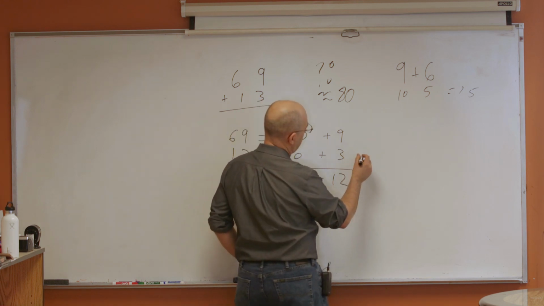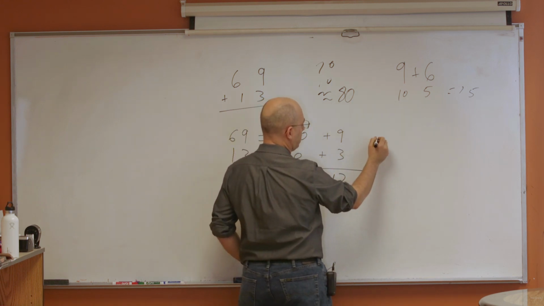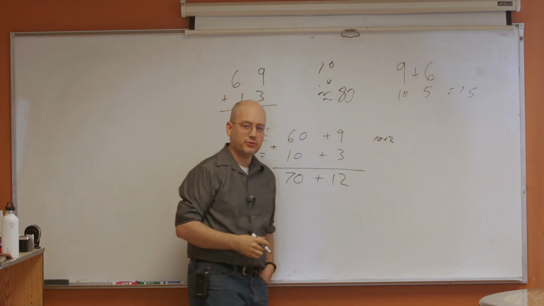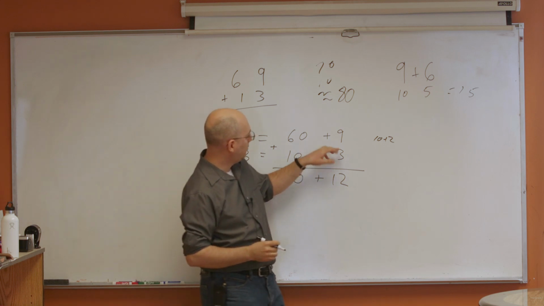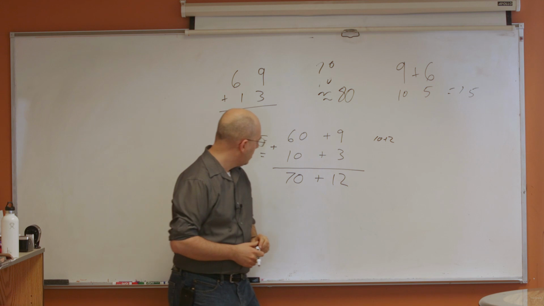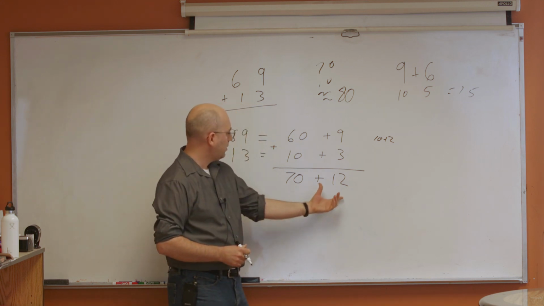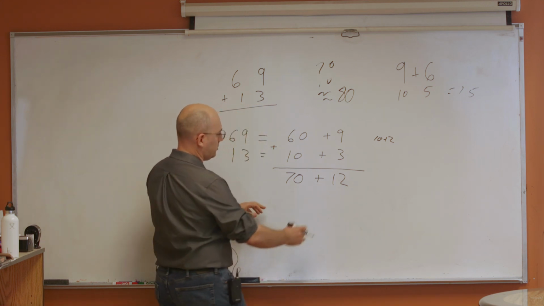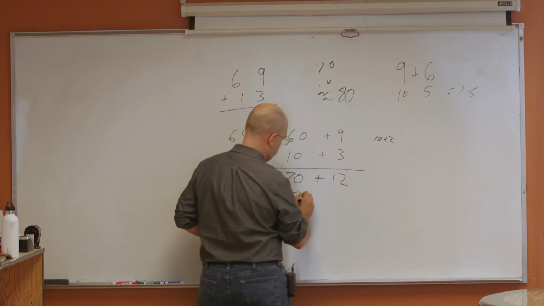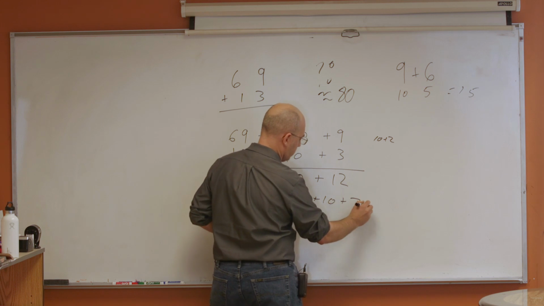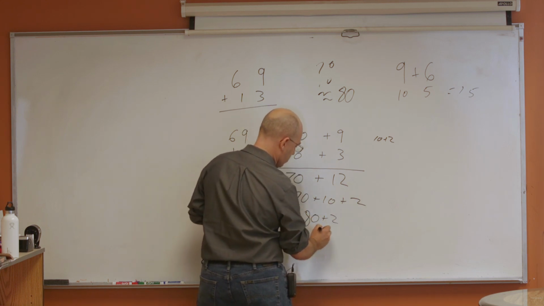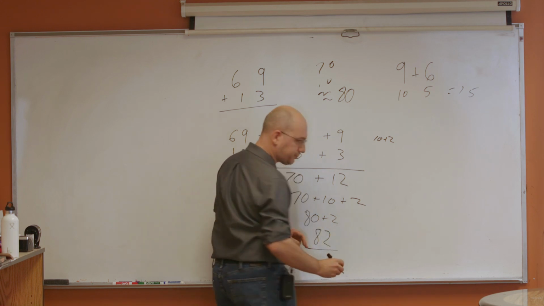and, you know, theoretically, you should do it like this. I've been ingrained in another way all my life, so I don't always do that, but, you know, think of the 9 and the 3. 9 is almost 10, but the 2, you get your 12. All right, and then I add these together. So I've got a bundle of 10 and a 2. So 70 plus 10 plus 2, and then 80 plus 2, and then 82 is my answer.